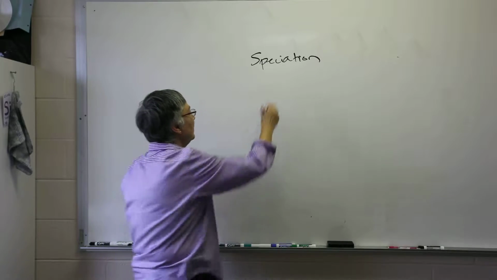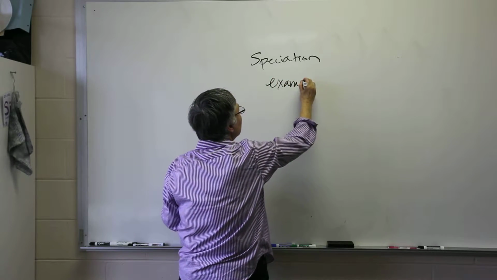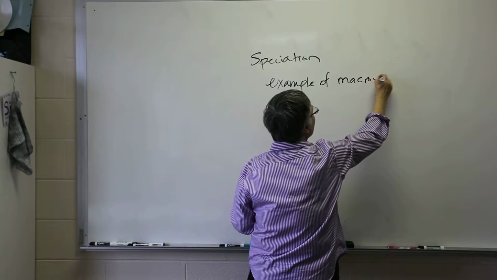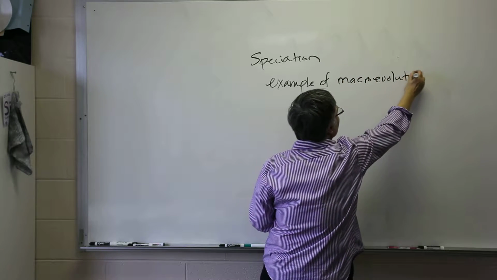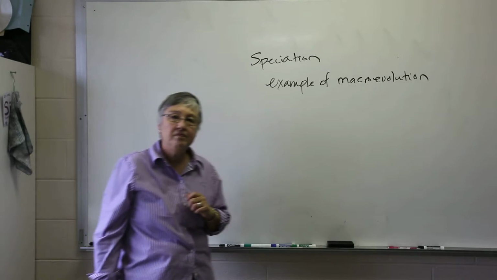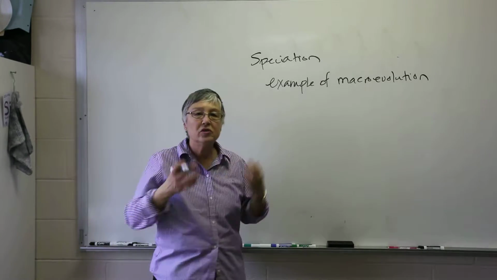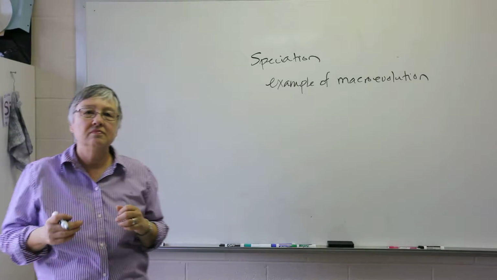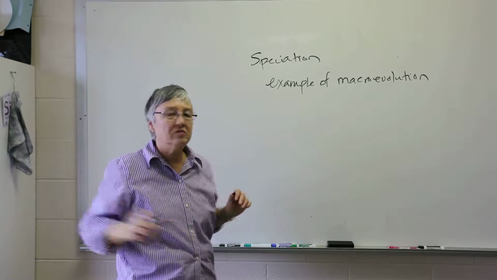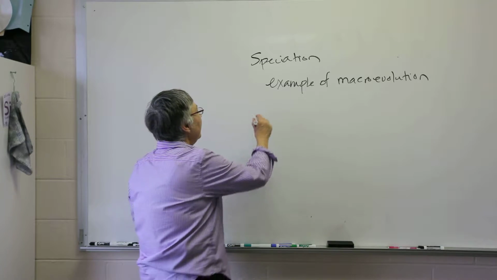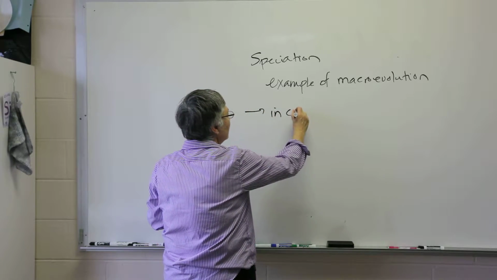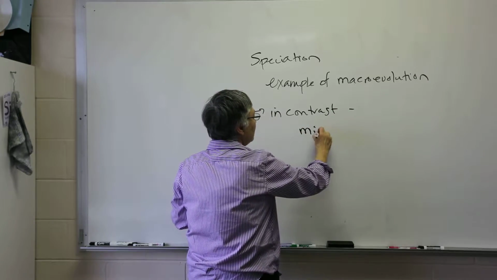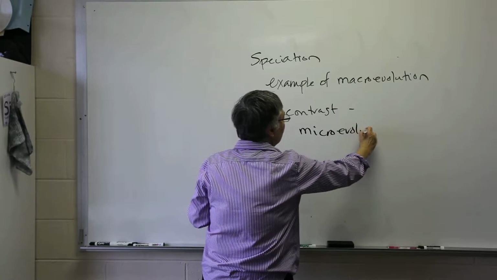Speciation is an example of a type of evolution that we call macroevolution. So the development of new species and groups larger than that, classes, orders, families. That is in contrast to what we've been talking about, which is sometimes called microevolution.